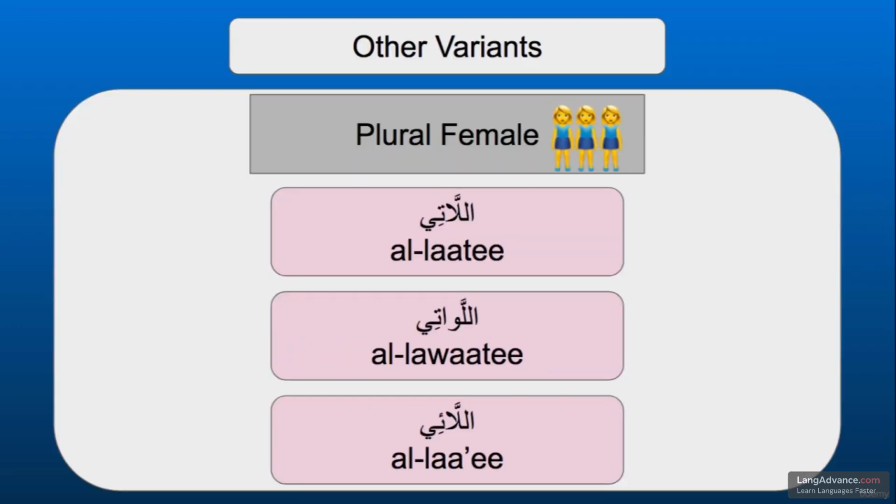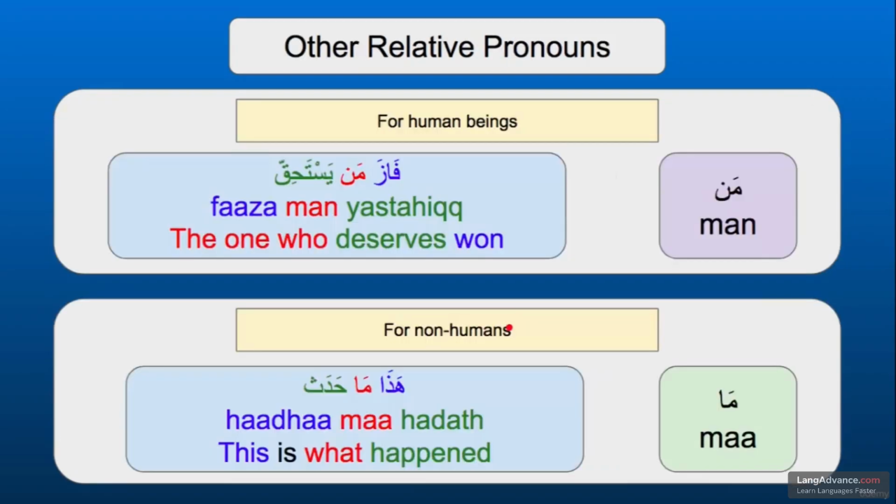We can see that there are other variants of the relative pronoun for plural female, because usually the one that is used is اللاتي. اللاتي, but there's also اللواتي. اللواتي, and there's also اللائي. اللائي. So these are the variants of the plural female form.